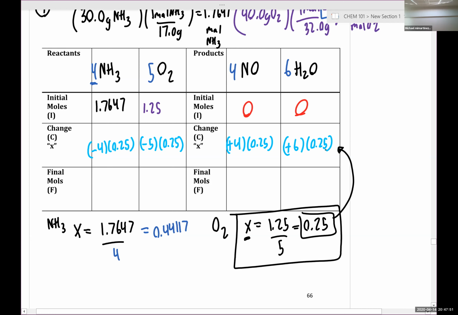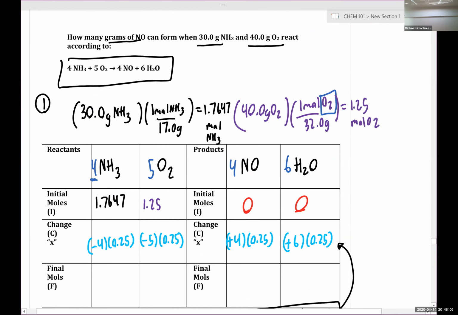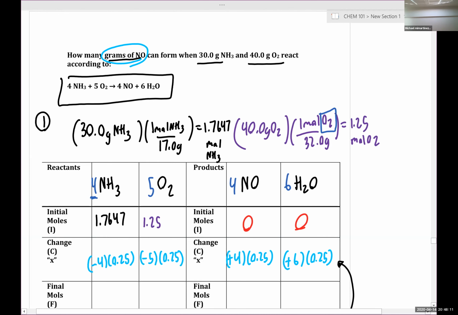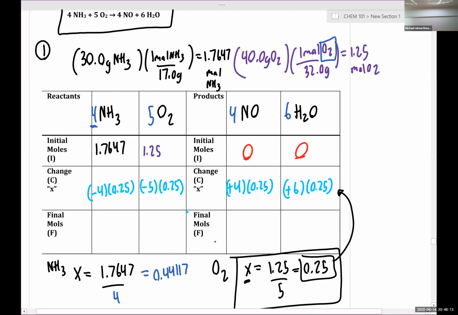Now the real beauty of the ICE table and the real reason why we use the ICE table is because it gives us the amounts of each species, reactants and products, at the end of our reaction. In this case, we're asked to calculate the grams of nitrogen monoxide, so we're going to need to use our ICE table to figure out the final moles.